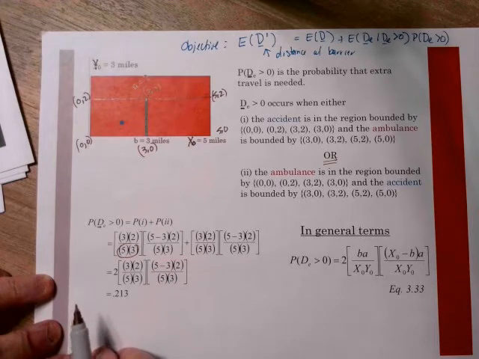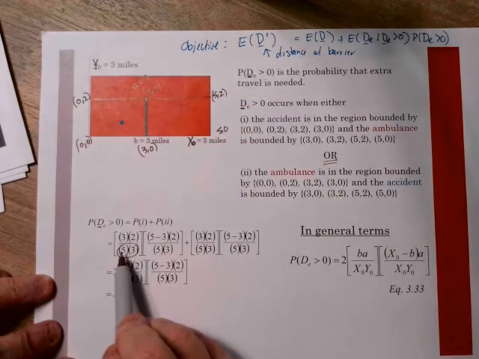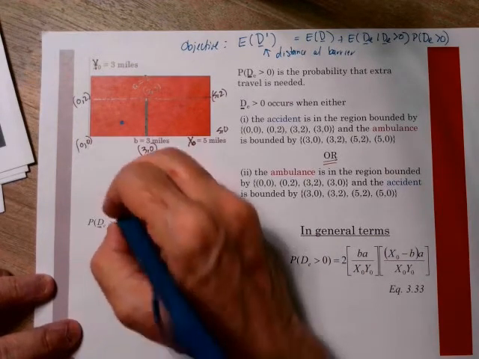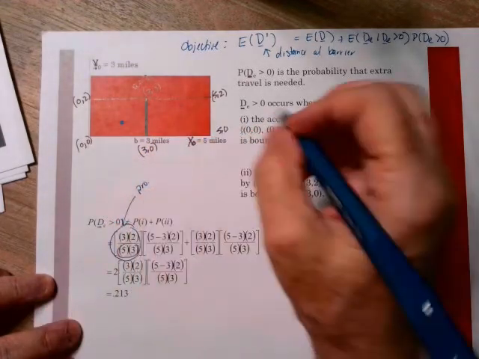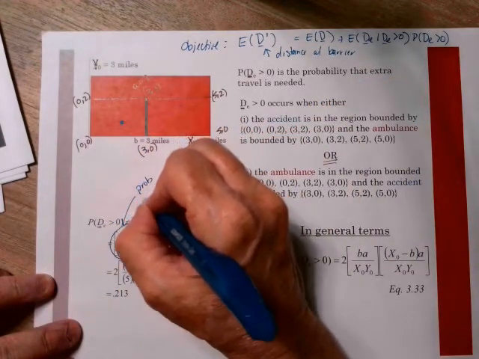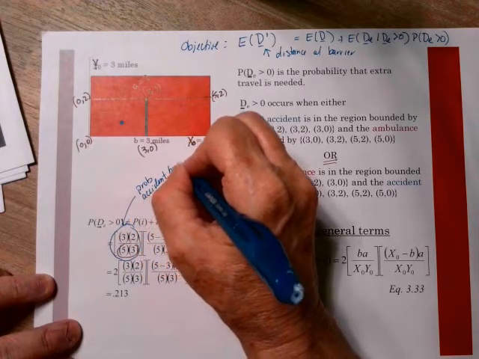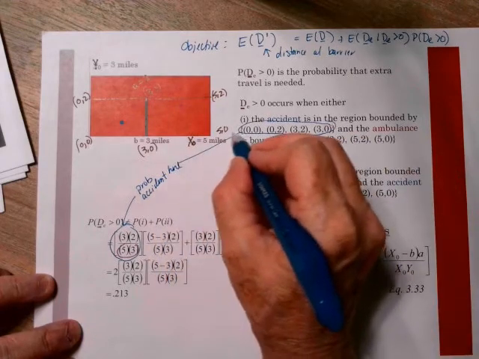And the ambulance, now we have to account for this area. So this is the probability that the accident is here, and I'm just going to circle this right here. I know this isn't very pretty.